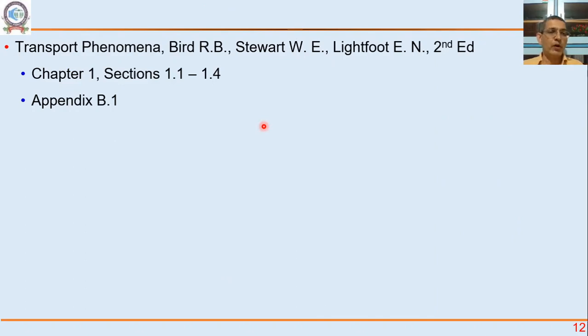All the things that we have talked about so far are from Transport Phenomena, Bird, Stewart, Lightfoot's book, affectionately called BSL. World over it is known as BSL. We are on chapter 1, sections 1.1 to 1.4, and appendix B1 tells you all these stress strain relationships.